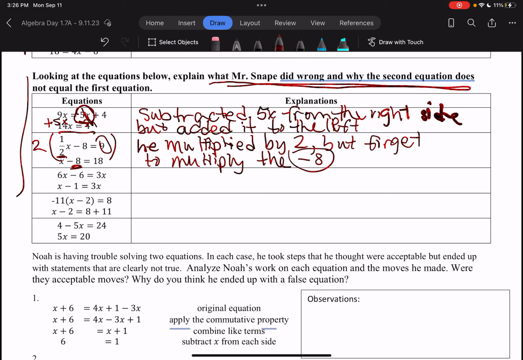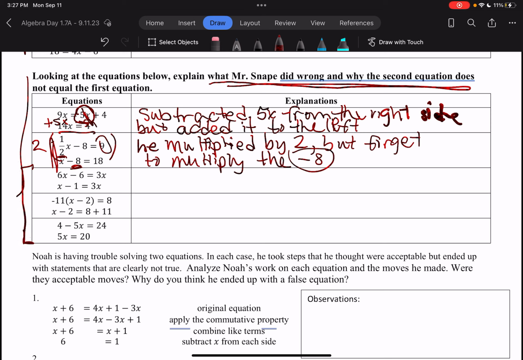He needed to multiply every single piece of that equation by 2 in order for it to be a legal move. Otherwise, it won't be equivalent. And if you were to solve these, you would get 2 different answers. So that's how we know Mr. Snape did something wrong.